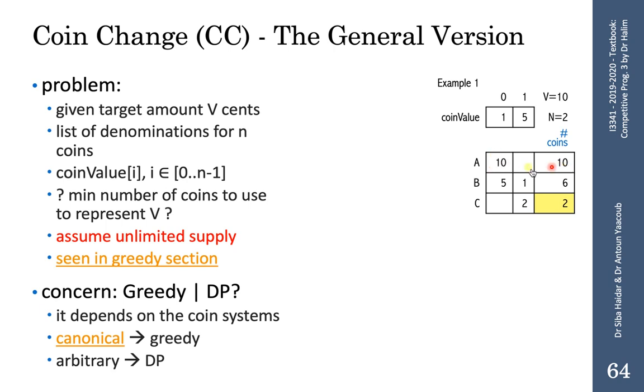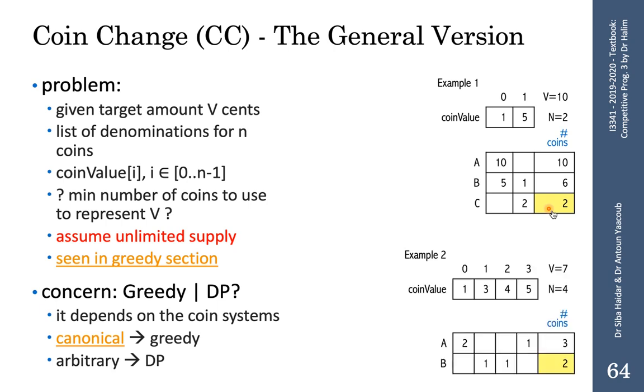This gives you the amount 10, and the number of coins is 10 also. Or you can take 2 pieces each of value 5, and this will give you 2 coins. Or you can take 1 piece of value 5 and 5 pieces of value 1, which has 6 coins. And the optimal solution, because we are asking for the minimum, is of course 2.